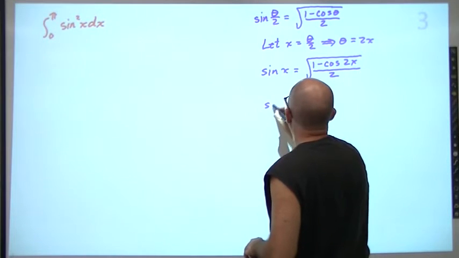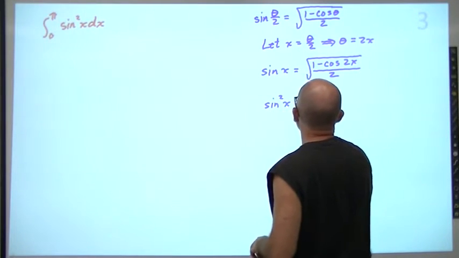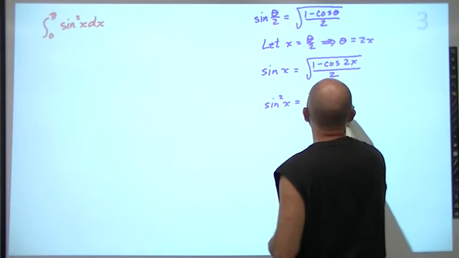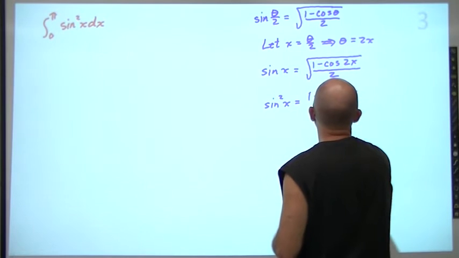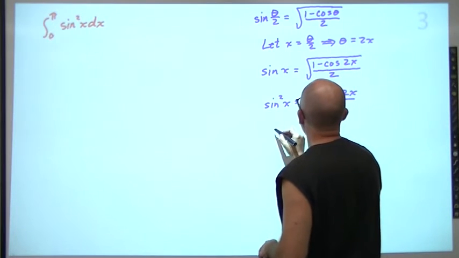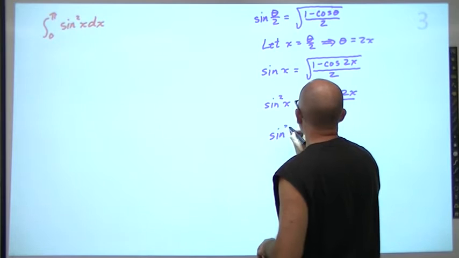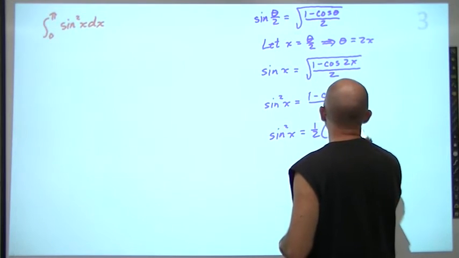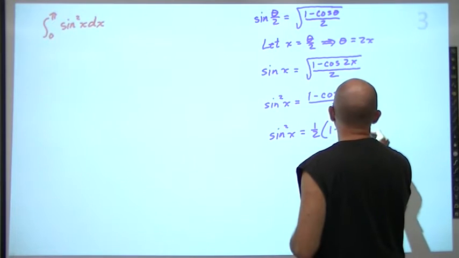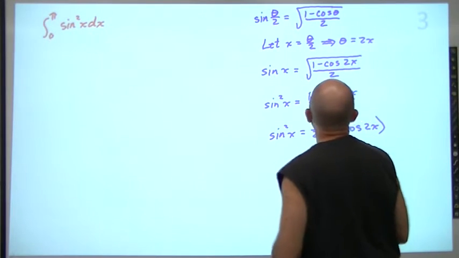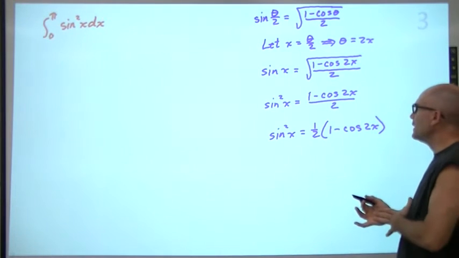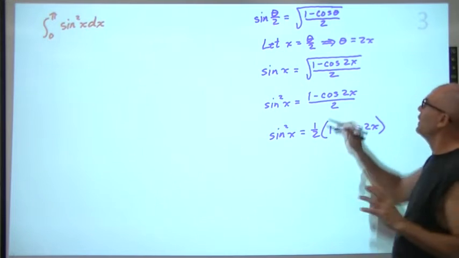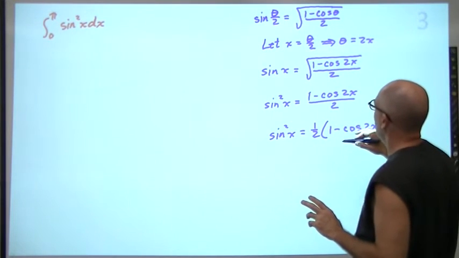So I get sine squared x equals 1 minus cosine 2x, all divided by 2. Or another way I could write it is sine squared x equals 1/2 times the quantity 1 minus cosine 2x. Bam!